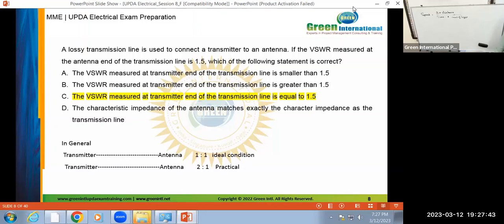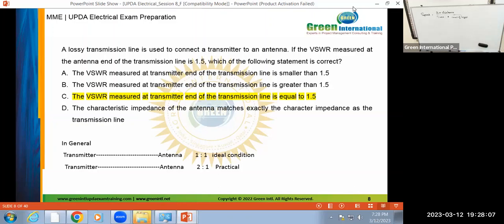For the reactive circuit, XL is equal to XTH. What is the condition for maximum efficiency in a transformer or induction motor? Yes, iron losses are equal to copper losses. Usually we say copper losses are equal to iron losses. Both are the same.